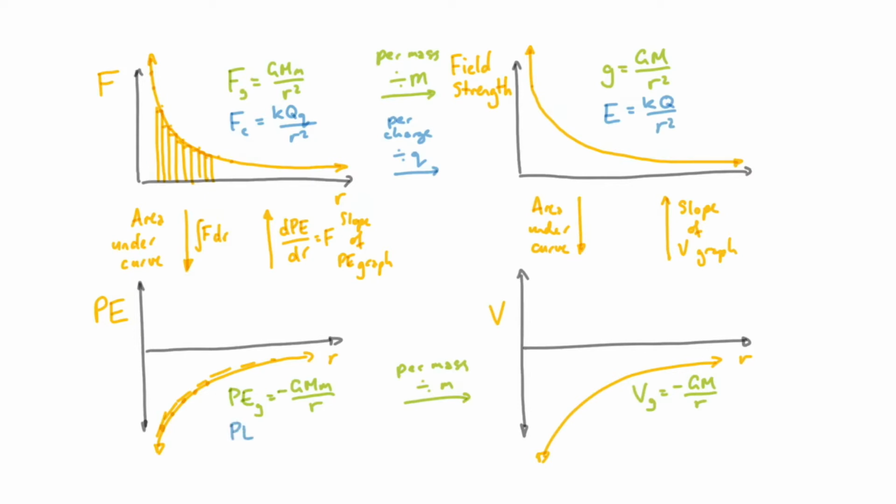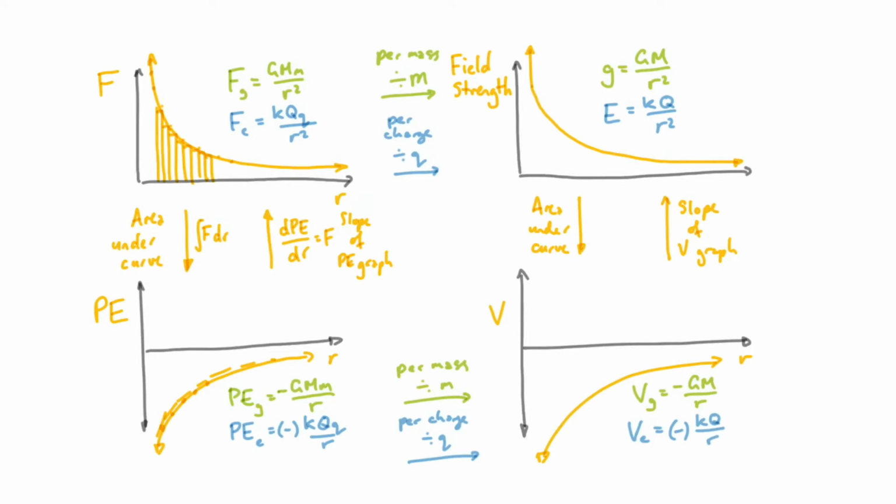Similarly here, the potential energy electrostatic is going to be minus, I'll put a bracket minus here because it could be positive for like charges, minus kQq on r, which is almost the same formula there as the gravity one, and it's going to be per charge to get from potential energy to potential. So we have V_E equals minus kQ on r.